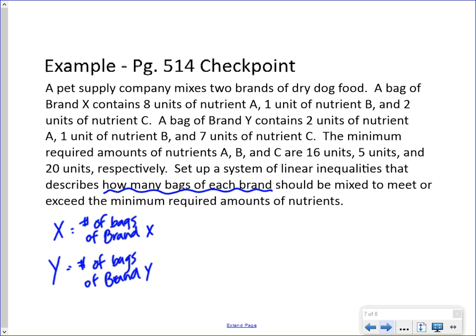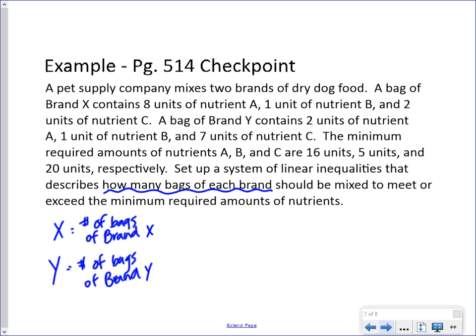So now we know X is the number of bags for brand X, Y is the number of bags for brand Y. How can we now set up some inequalities with X and Y? What's all the other information they tell us? They're telling us all about different nutrients.